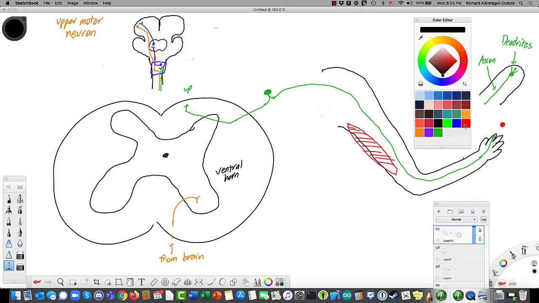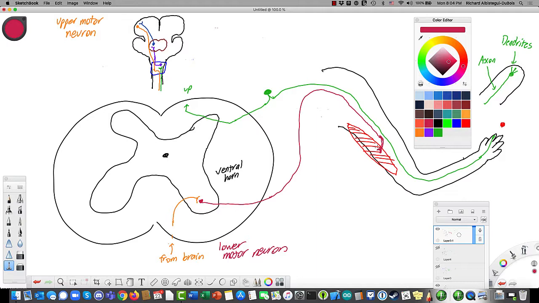And here in the ventral horn, we are going to synapse onto a lower motor neuron. So that lower motor neuron is going to send its axon out from the spine and then up here to join and travel alongside that primary somatosensory neuron until it gets here to the muscle, where it's going to control some muscle cells there.